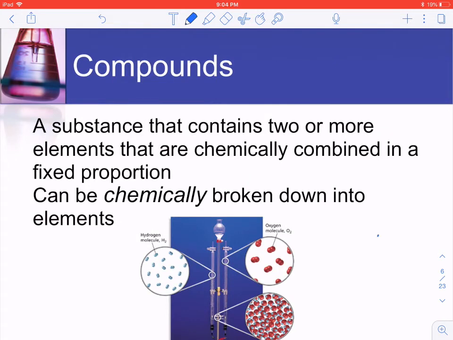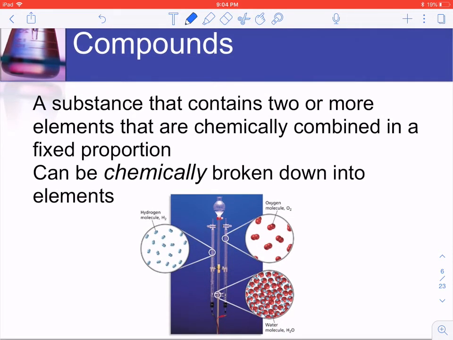Let's talk about compounds. So compounds are things that could be chemically broken down further. So for instance, you'll see here in the picture that we have water, and I know it's really small, but water is H2O. And what's going on in the picture is that we're splitting that water into its constituent parts. So we're splitting it into oxygen, and we're splitting it into hydrogen.